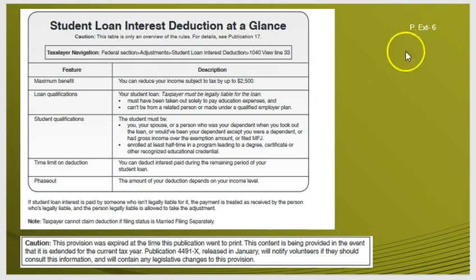The reason it's found in that extender section is because this is a provision, and as many provisions are, they are set up to expire after a certain number of years. This was one of those provisions, and so the provision was expired at the time of the 4012 publication. This content was being provided in the event that it is extended for the current tax year. And I would assume that it did get extended because it did show up on the 1040, although that 1040 is not finalized.